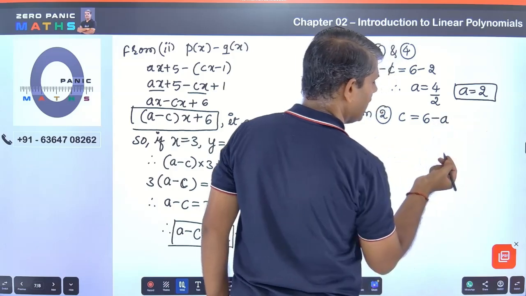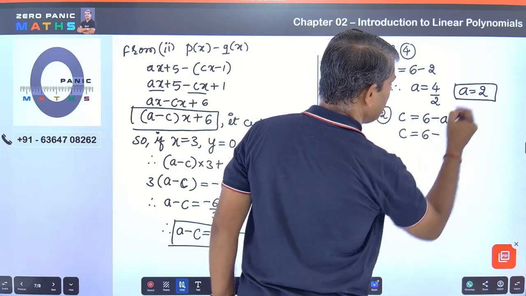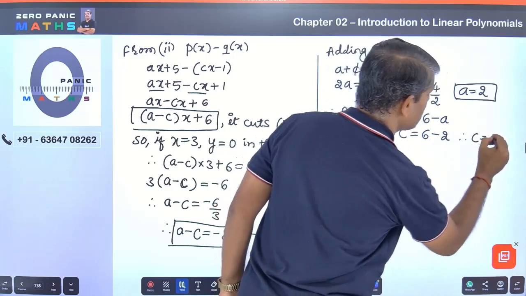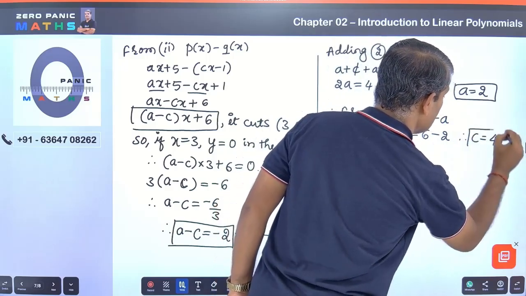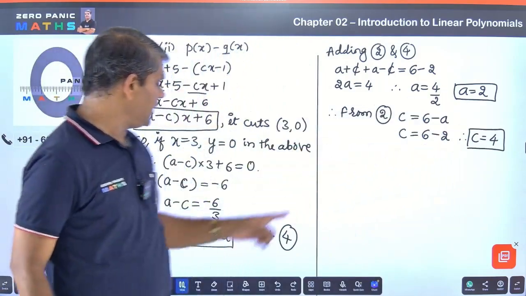Therefore c is equal to 6 minus 2, that is 4.